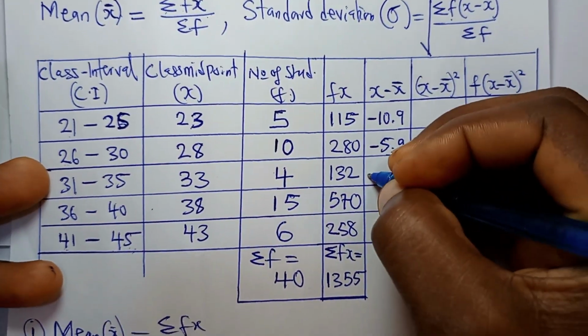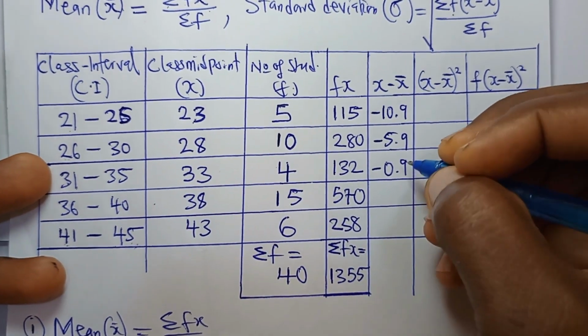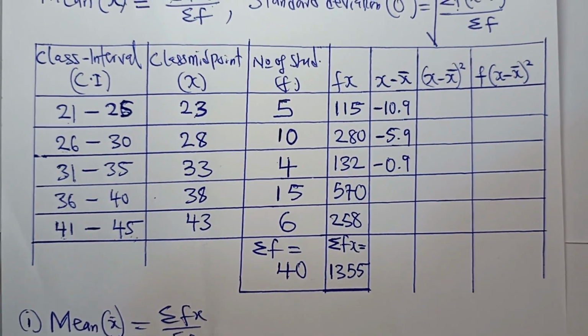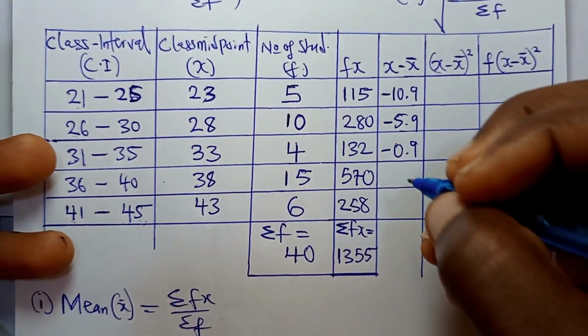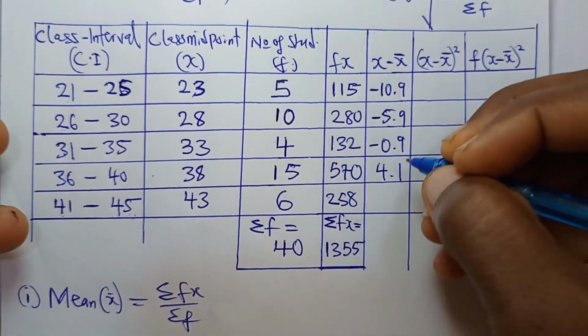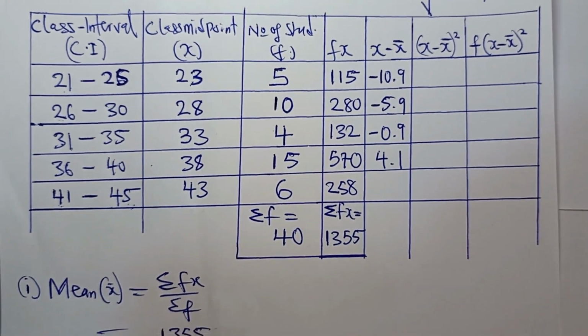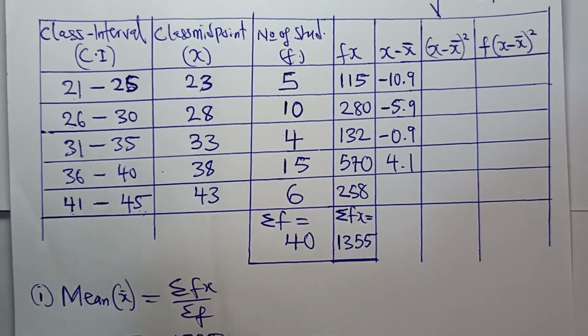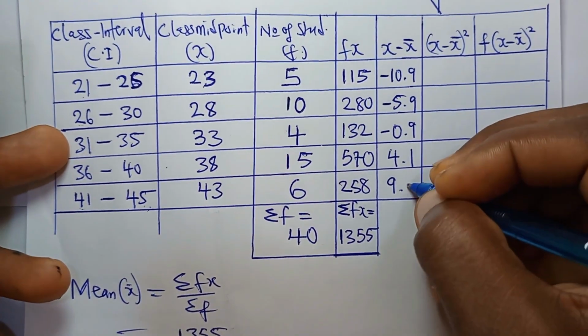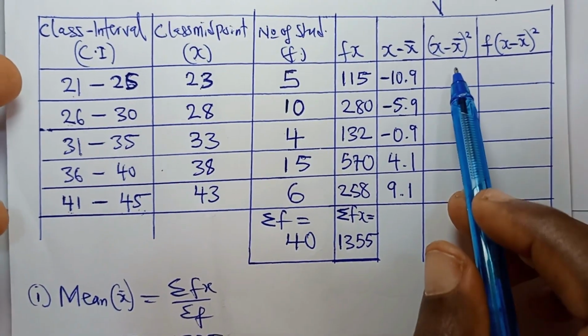Obviously, it's going to be minus 0.9. Then I will also input 38 minus 33.9, which will give me 4.1. And 43 minus 33.9, which will give me 9.1. Now that brings me to this column.